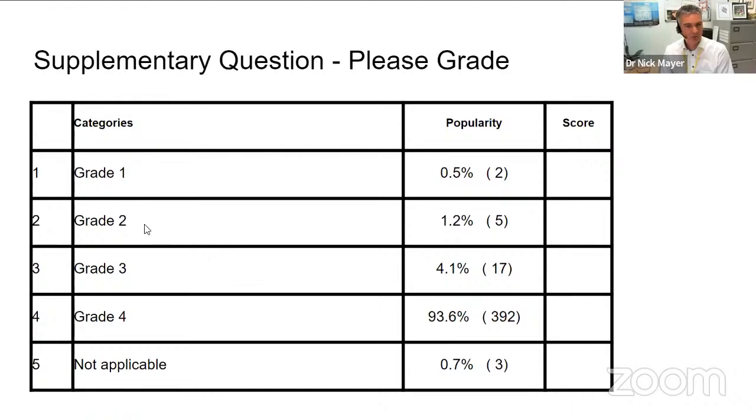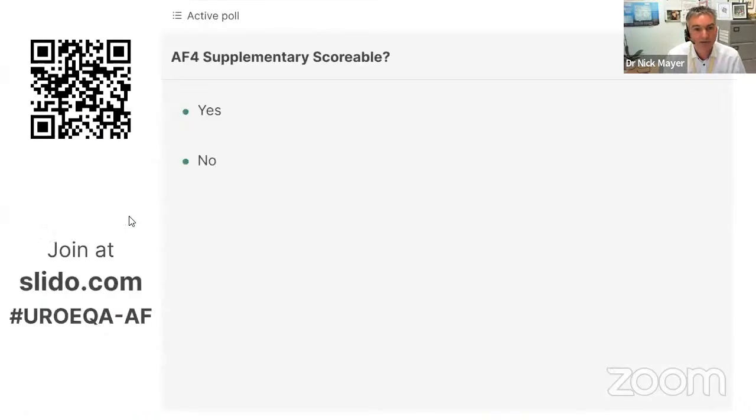Generally, people regard 1 and 2 as low grade and 3 and 4 as high grade. So I would make the case, maybe we should give the grade 3s half rather than 0, as if they haven't recognized it's rhabdoid, you might not call it grade 4. But anyway, that's up to you.